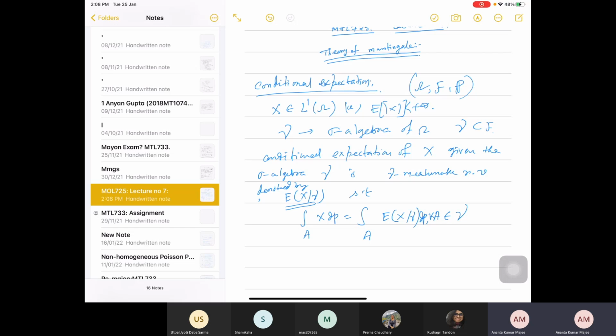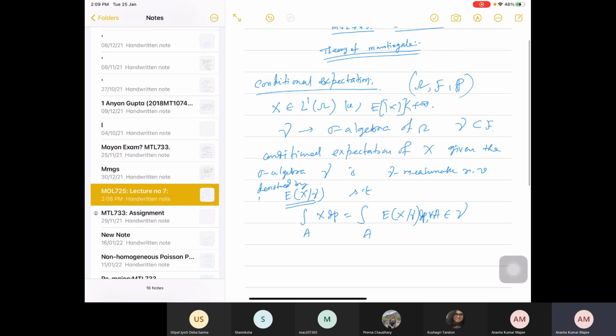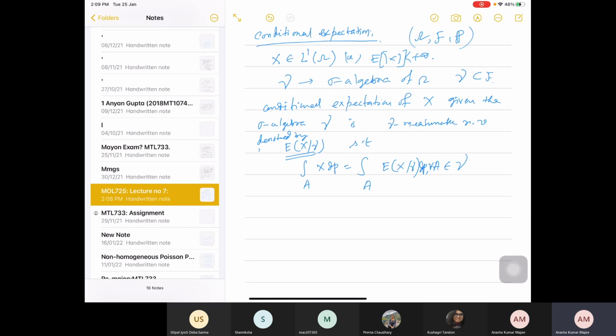You see that if the sigma algebra is trivial, you can check it.